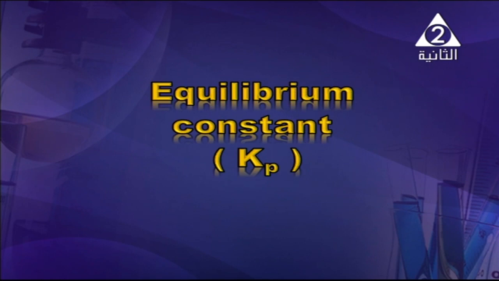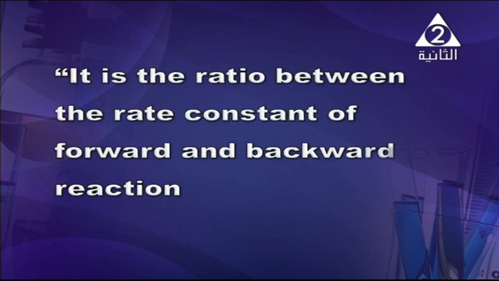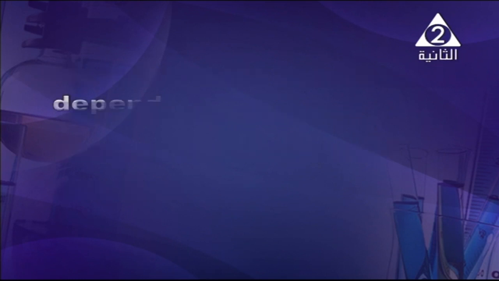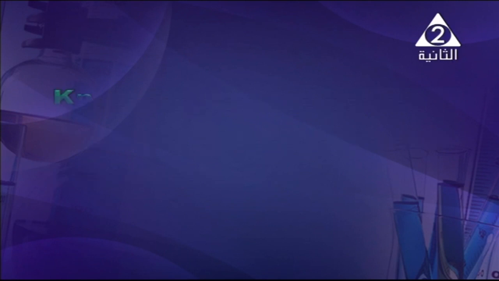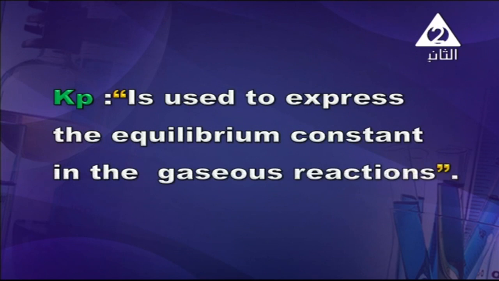So we have to define what we mean by the equilibrium constant Kp. It is the ratio between the rate constants of the forward and backward reactions depending on the partial pressures of the reactants and products. So, my dear students, Kp is used to express the equilibrium constant in gaseous reactions.